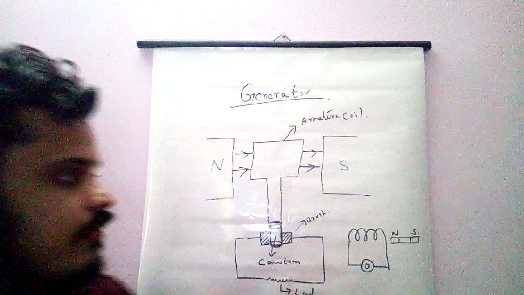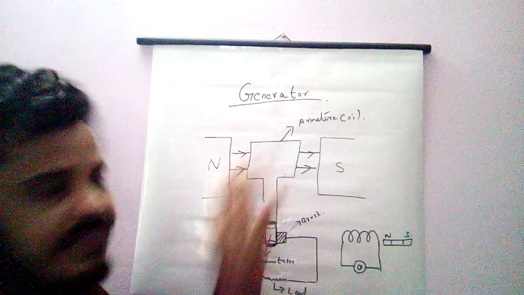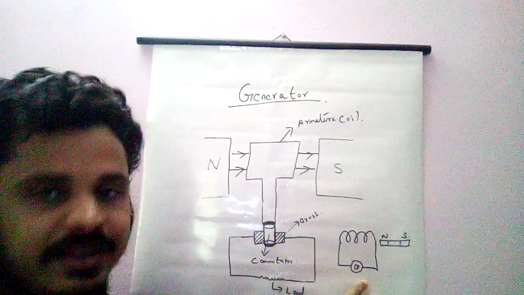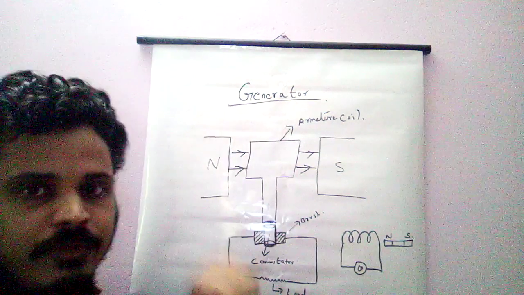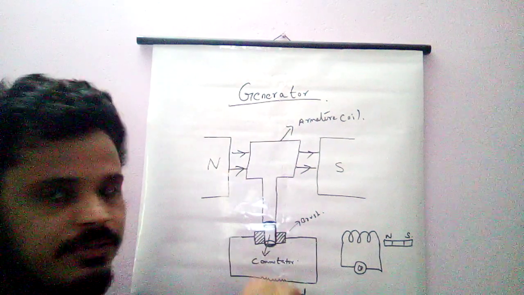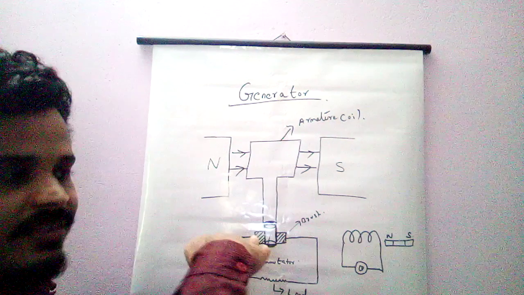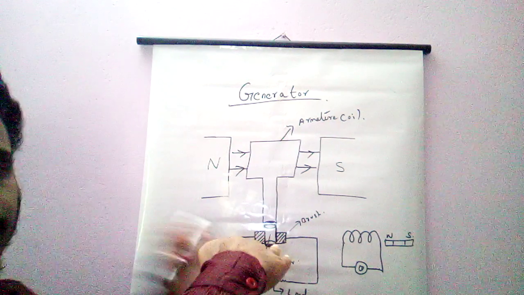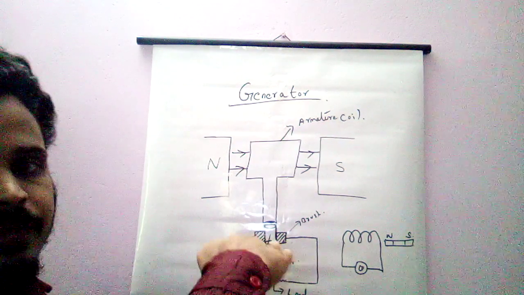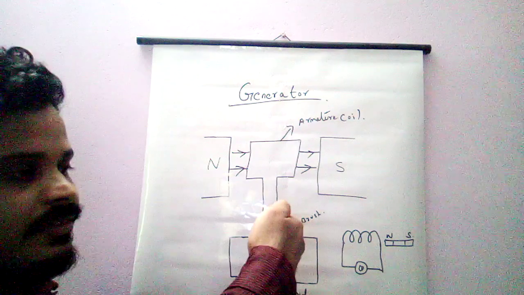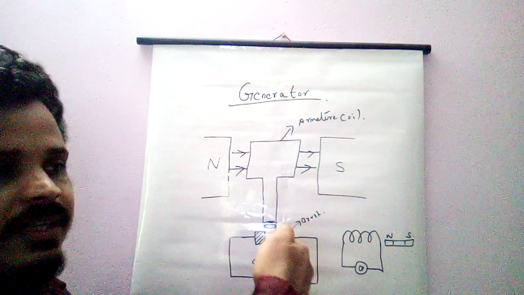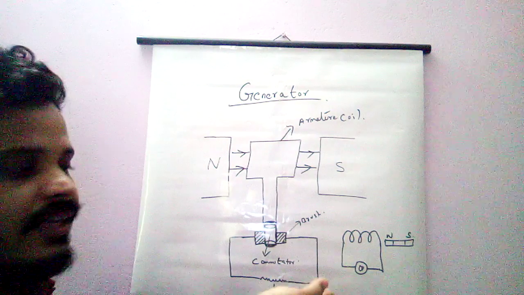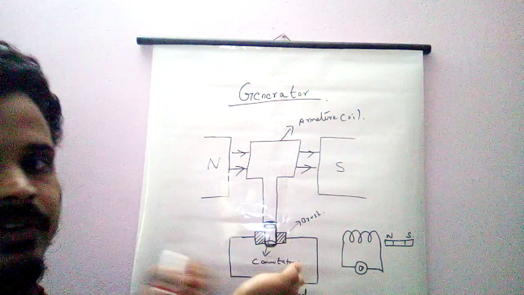A quick recap: this generator works on the principle of electromagnetic induction. We provide external rotation to the armature coil. Initially the armature coil is in this state, with a magnet on both sides. When we rotate, it becomes like this, and the magnetic field lines linked with the coil will be high. Then when we rotate again, the magnetic field lines linked with the coil will be reduced.